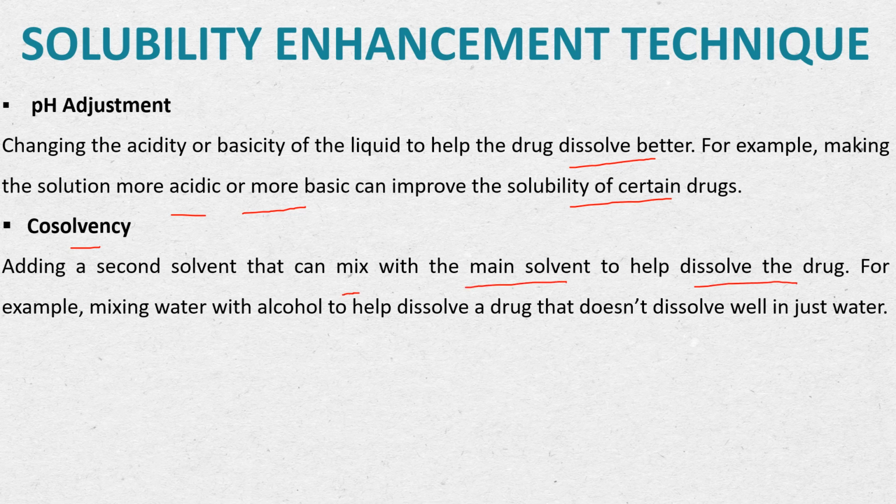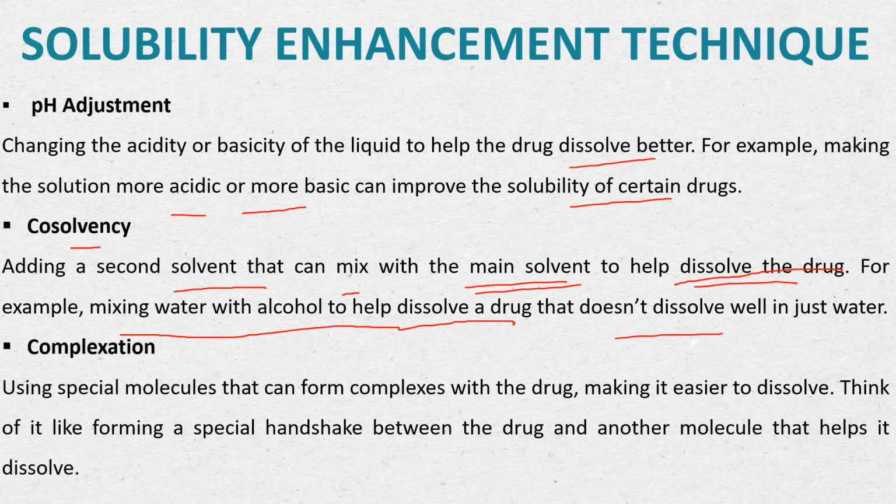So here co-solvency means we are adding a second solvent that can mix with the main solvent to help dissolve the drug, right? For example, mixing water with alcohol to help dissolve a drug that doesn't dissolve well in just water. Okay. Next is complexation. So using special molecules that can form complexes with the drug, making it easier to dissolve.